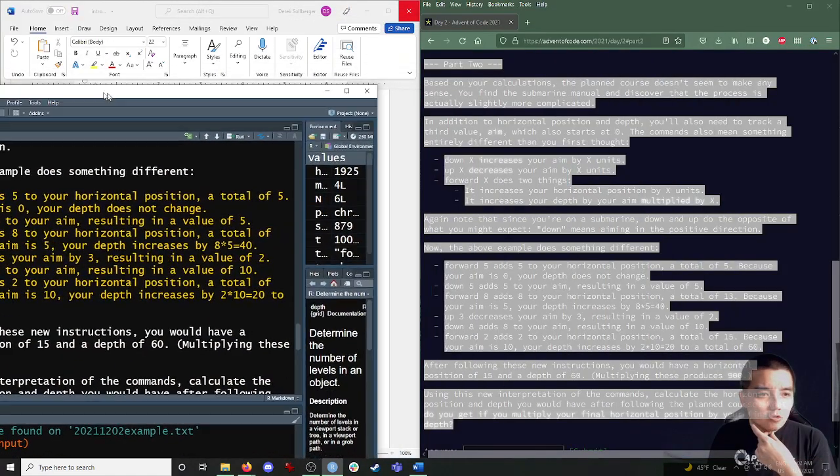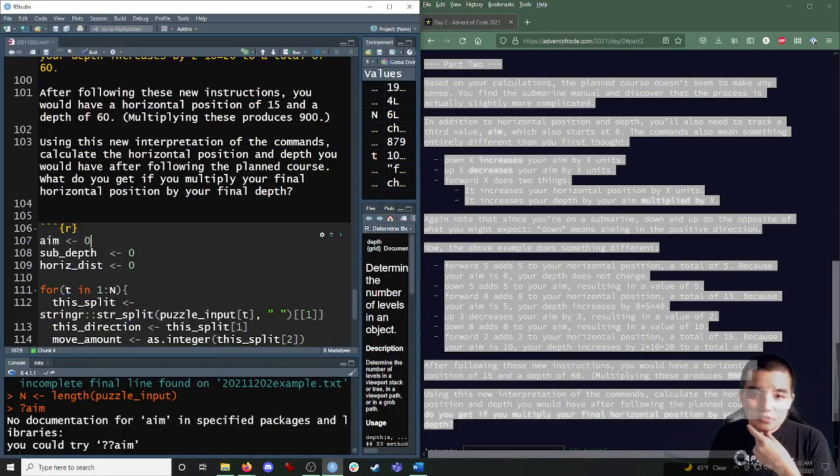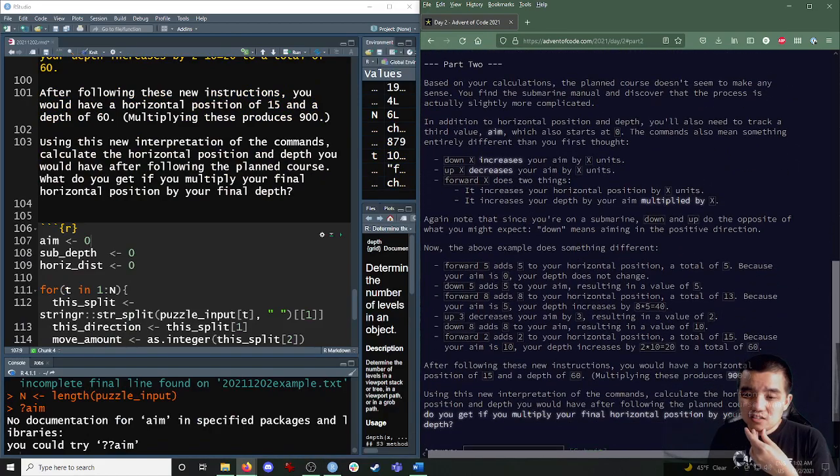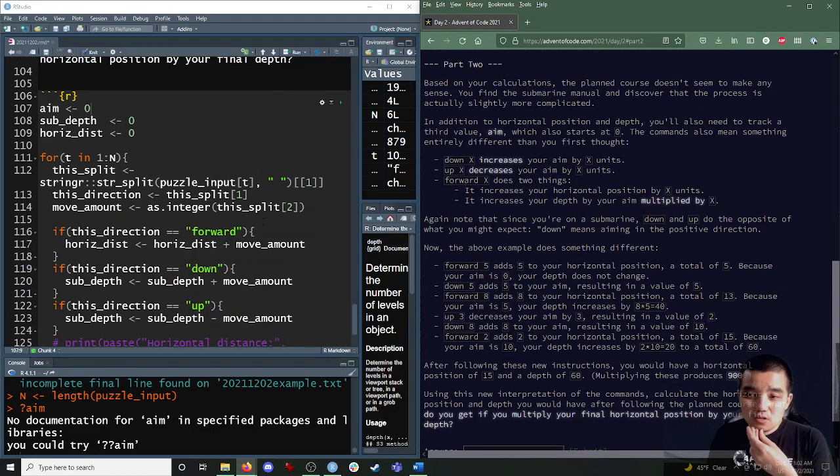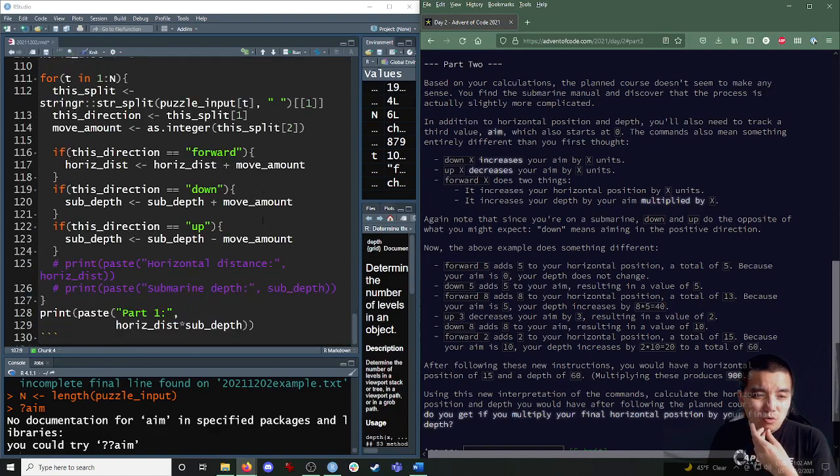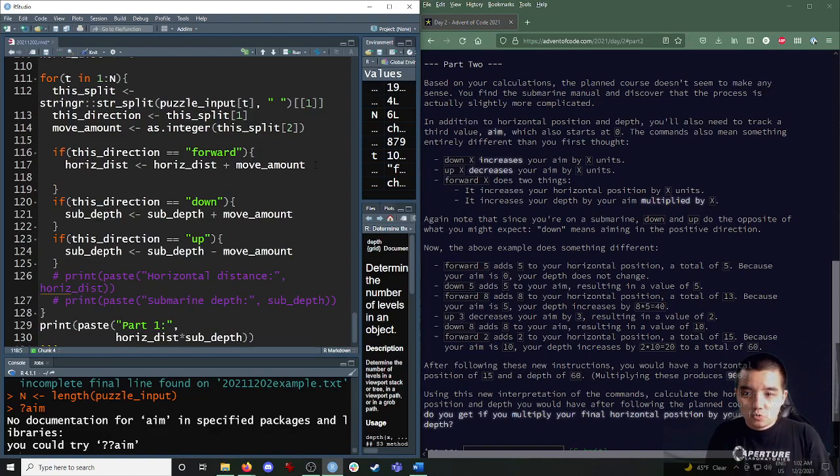I believe the horizontal is still the same, wasn't it? No. Horizontal increases your horizontal position as usual, but depth is increased by aim times the move amount. Okay.